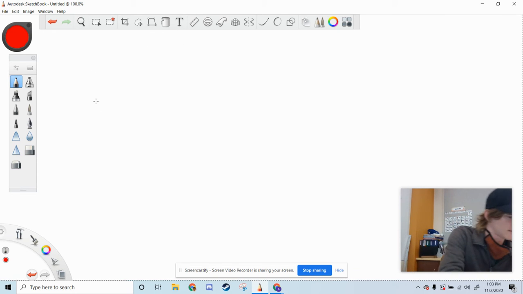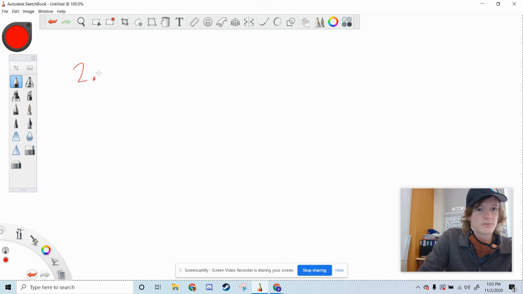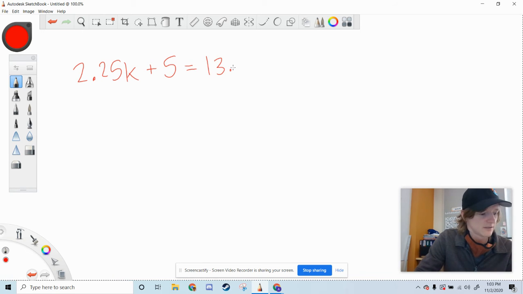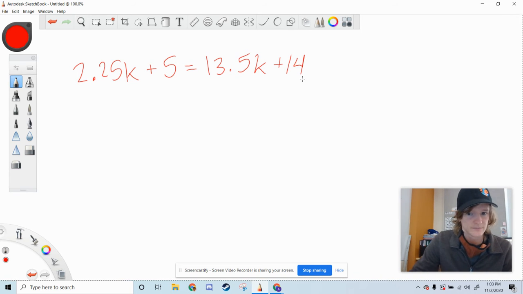So I'm going to move us on into, I've got 4 decimal problems here. The first one is 2.25k plus 5 equals 13.5k plus 14. And now we could solve as normal. We could just subtract and add with decimals, but I'm going to choose to get rid of decimals.